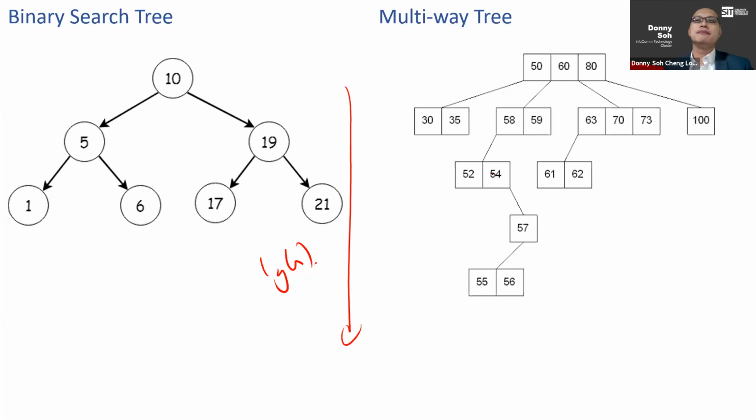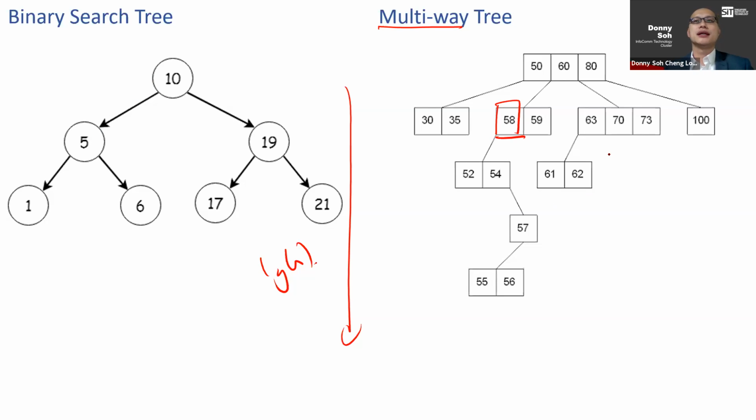In the M-way tree, the number of records in a node is limited by the value m. So this is what the M-way tree looks like. At any single node, it is similar to a node in a BST.